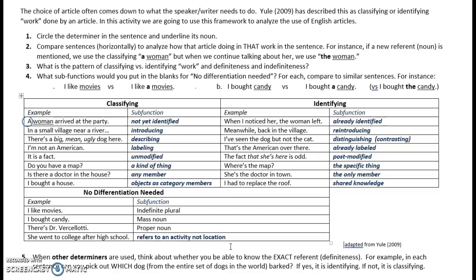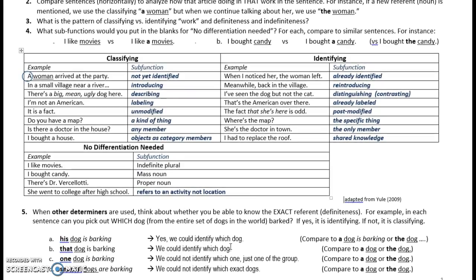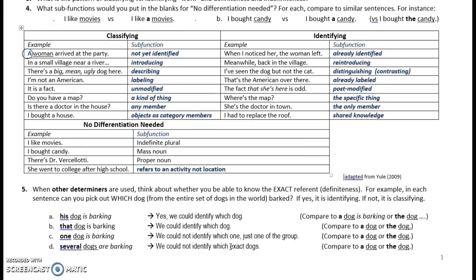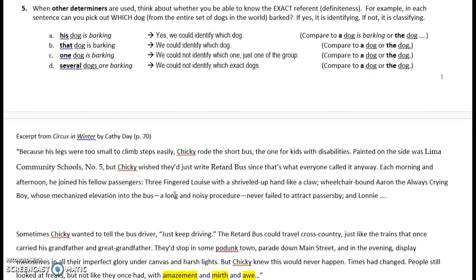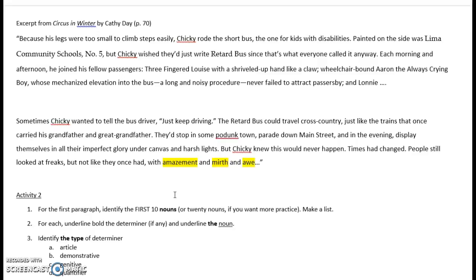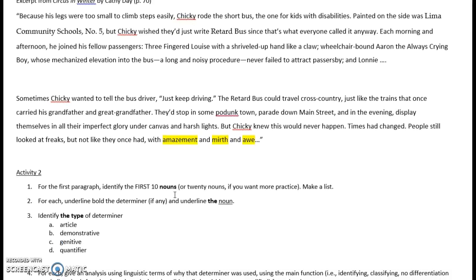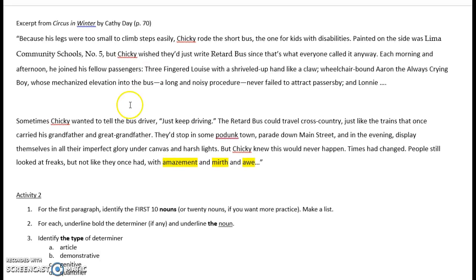Okay, the rest of this activity asks you to think about when other determiners are used. Are these determiners doing identifying or classifying work? Can you think of the exact referent that the speaker is saying if you were in that context? And then the second page of this activity gives you a chance to practice this on your own with an authentic language example.